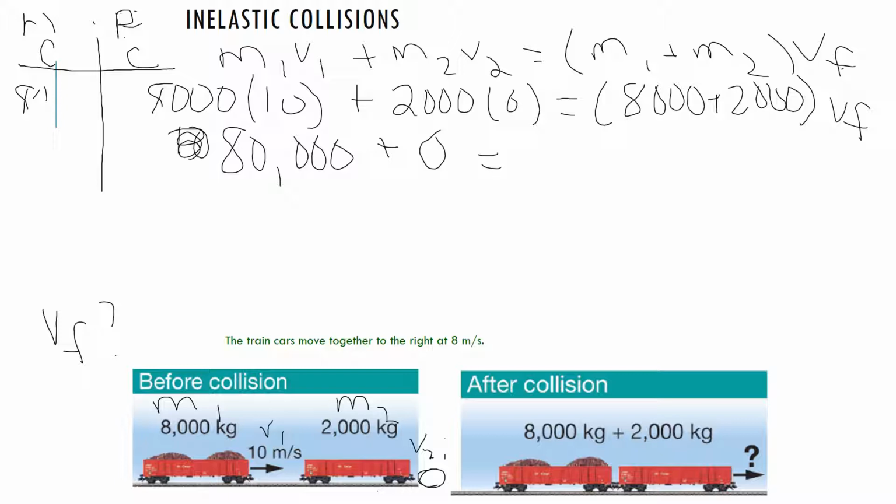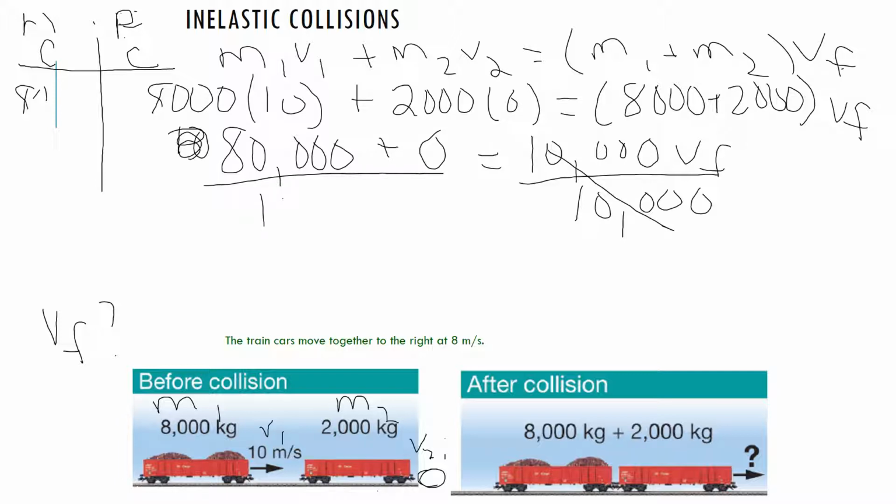Equals 8,000 plus 2,000 is 10,000 VF. All right, we've got to get our variable, VF, alone. So we're going to divide both sides by 10,000. And that gives us a final velocity of 8 meters per second. And since it's positive, we're going to the right.